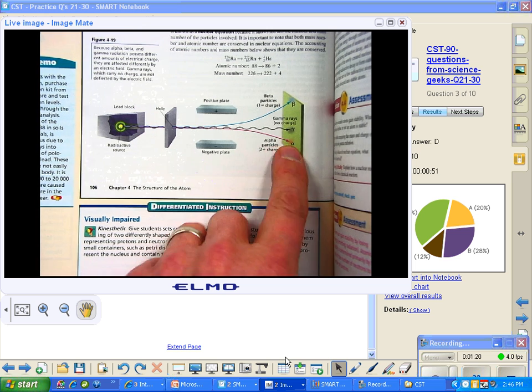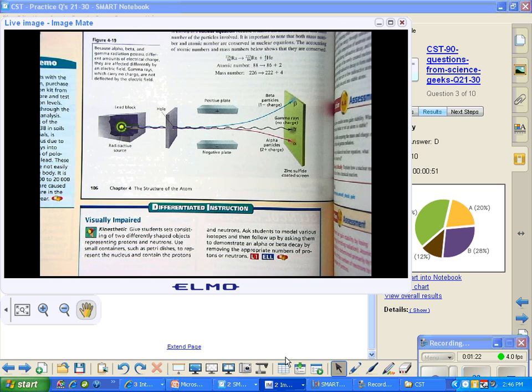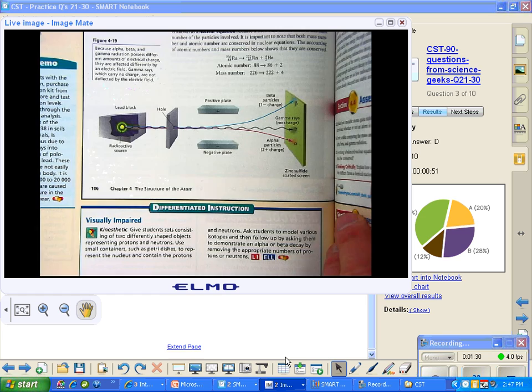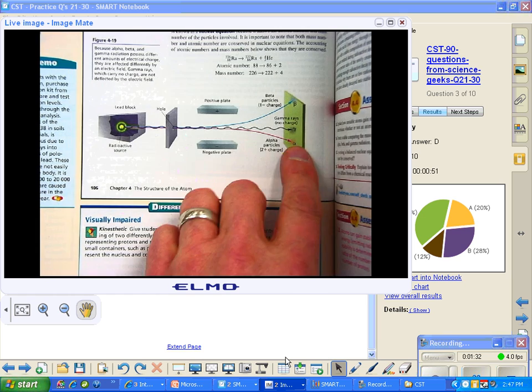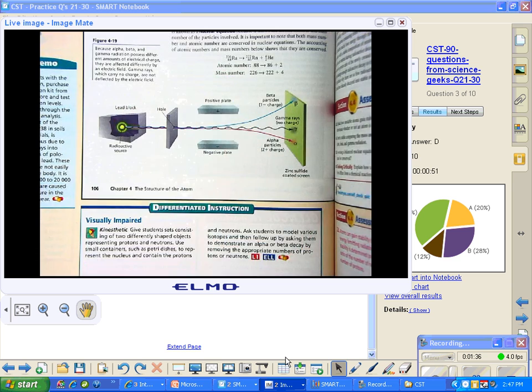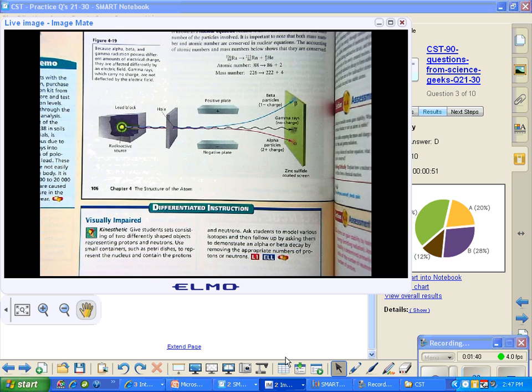And then the alpha particles are 2 protons and 2 neutrons, which is essentially a helium nucleus, but there's no electrons. Okay, so you got 2 protons, 2 neutrons, and that makes them fairly heavy. You can stop these guys with a piece of paper or a piece of cardboard like they had in the question.